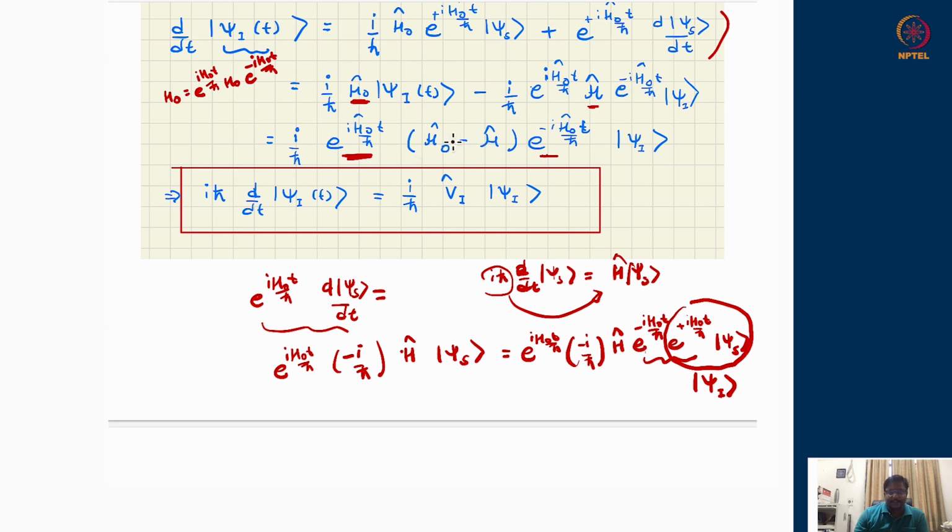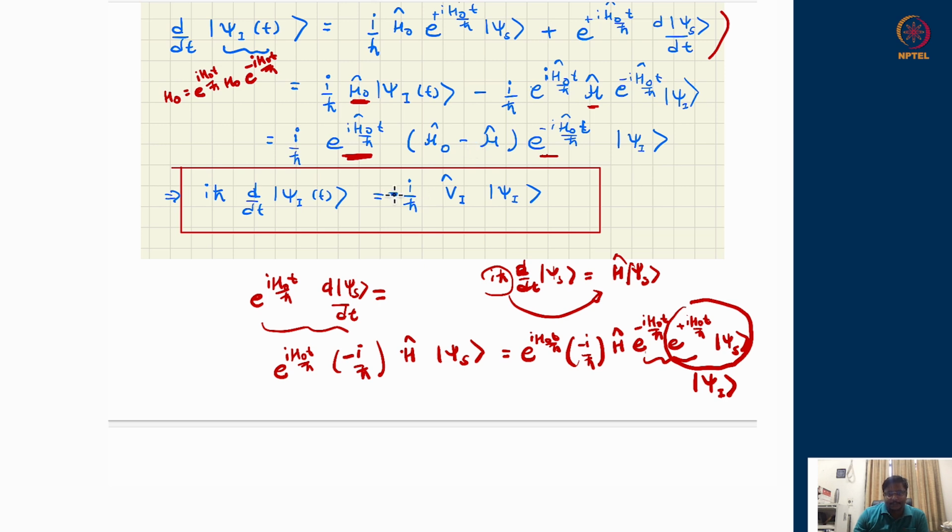So that will be the full description of the time derivative of the interaction. So probably I'm missing a sign in the next step, but anyway, this h naught minus h is minus of the potential.